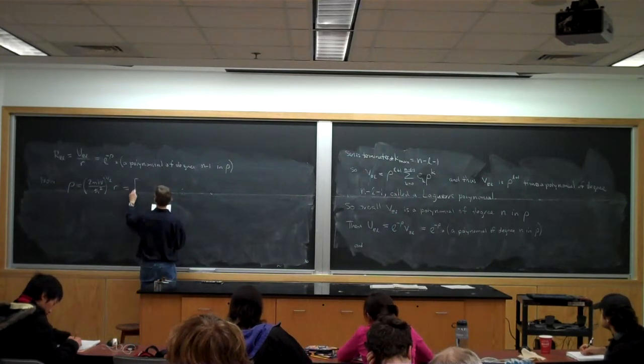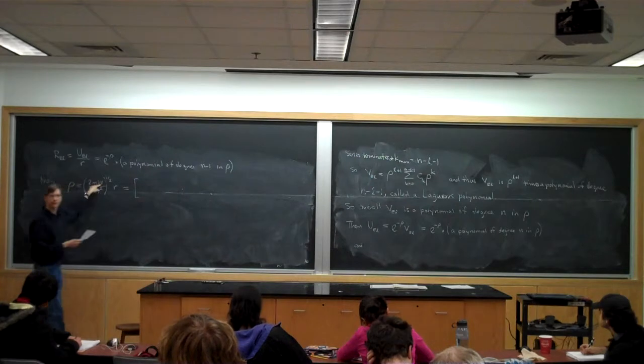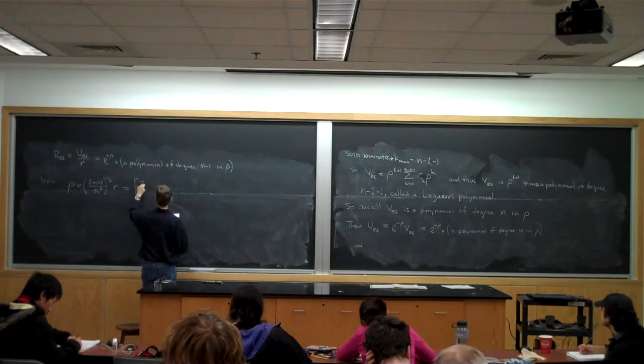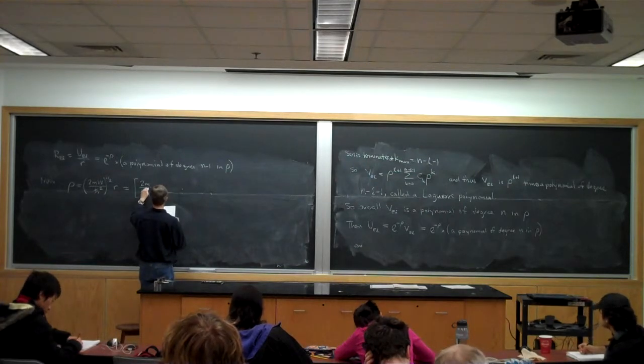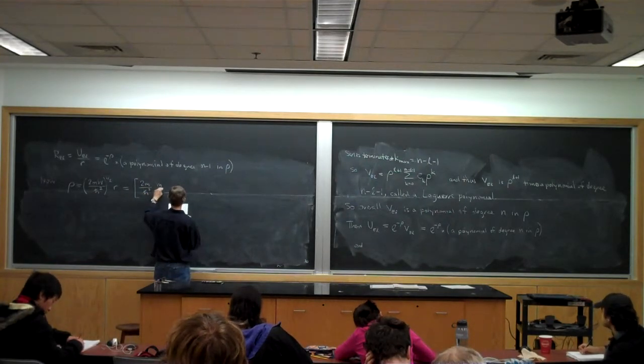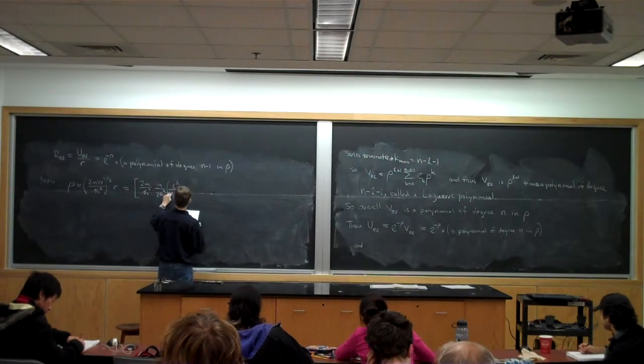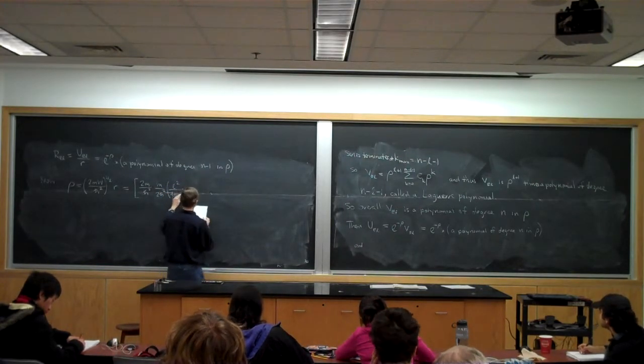But that's equal to, now that we know the expression for the W's, for the energies, 2m over h bar squared, times m over 2 h bar squared, e squared over 4 pi epsilon naught.